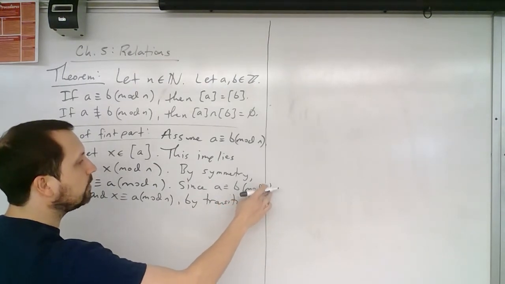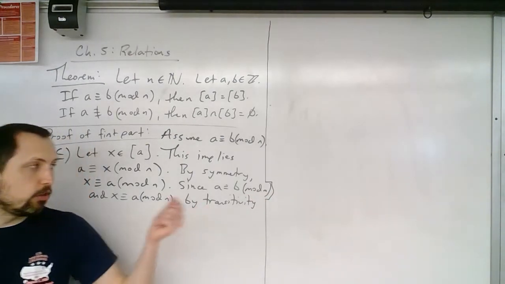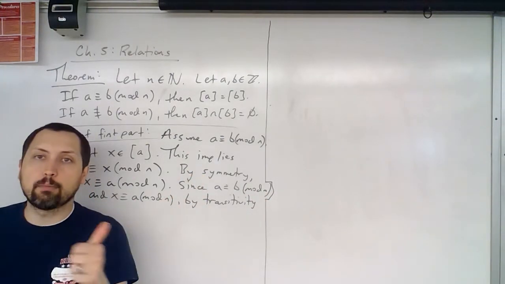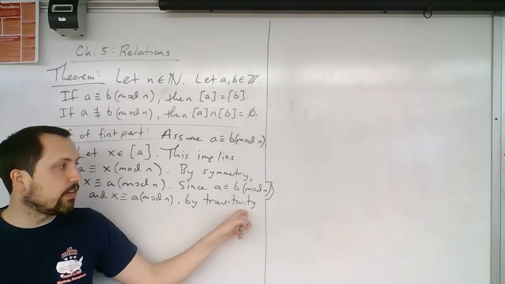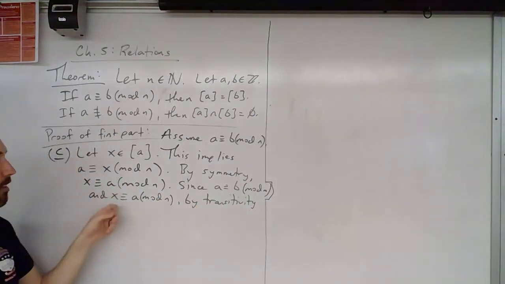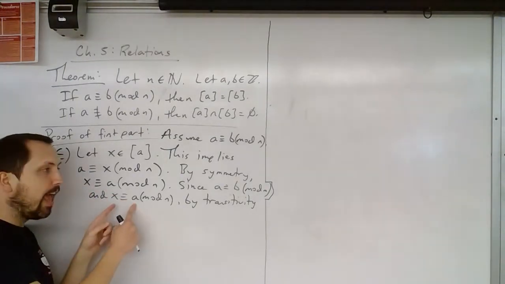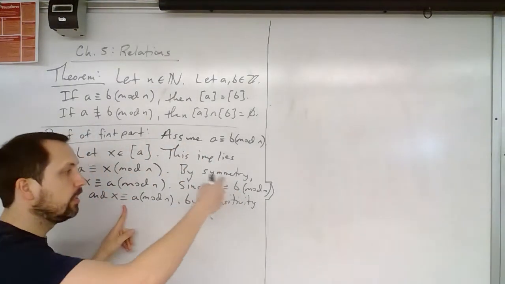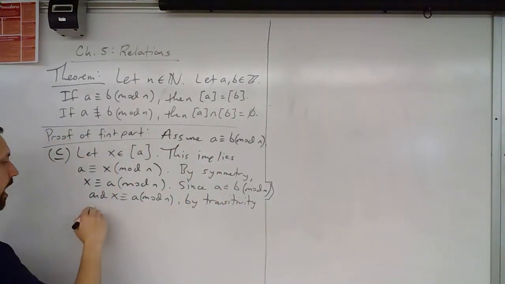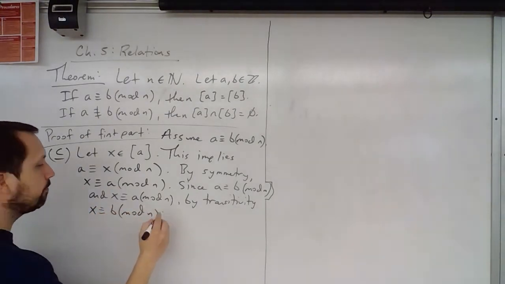So these properties that we proved about the relation of congruence, that they were symmetric, we were able to switch these. And by transitivity, if a is congruent to b and x is congruent to a, or in other words, x is congruent to a is congruent to b, that means x is congruent to b.